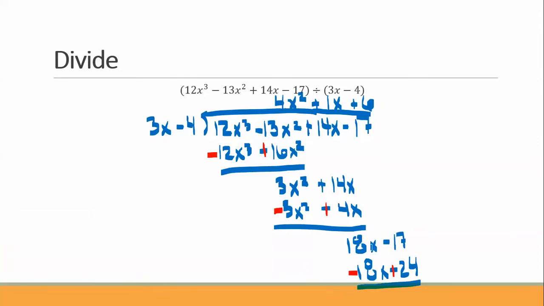And we have 18x minus 18x is 0. Minus 17 plus 24 is plus 7. So our answer is 4x squared plus x plus 6 plus 7 over the divisor, which is 3x minus 4.